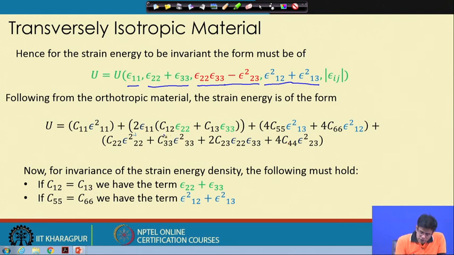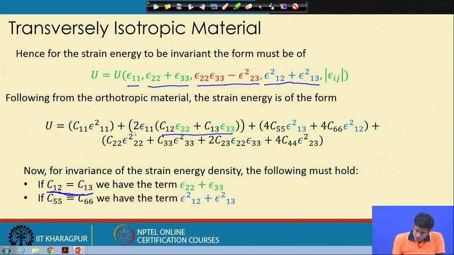This quantity has to be a function of epsilon 22 plus epsilon 33. So naturally C11, C12 and C13 have to be equal. Unless this becomes equal, this cannot be epsilon 22 plus epsilon 33. So the first thing is that C12 equals C13.